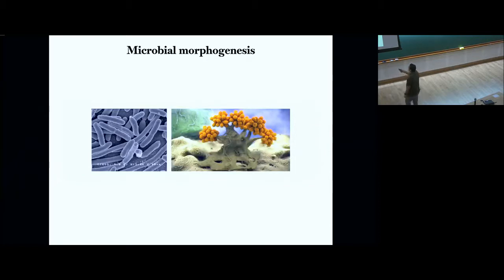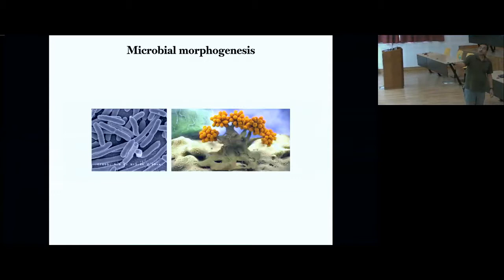And within this fruiting body, I must also tell you, there is differentiation of cell type. So the cells that comprise this stalk are very different from the cells that comprise these buds, and so on and so forth. So it is in this sense also that this kind of morphogenesis is quite interesting.